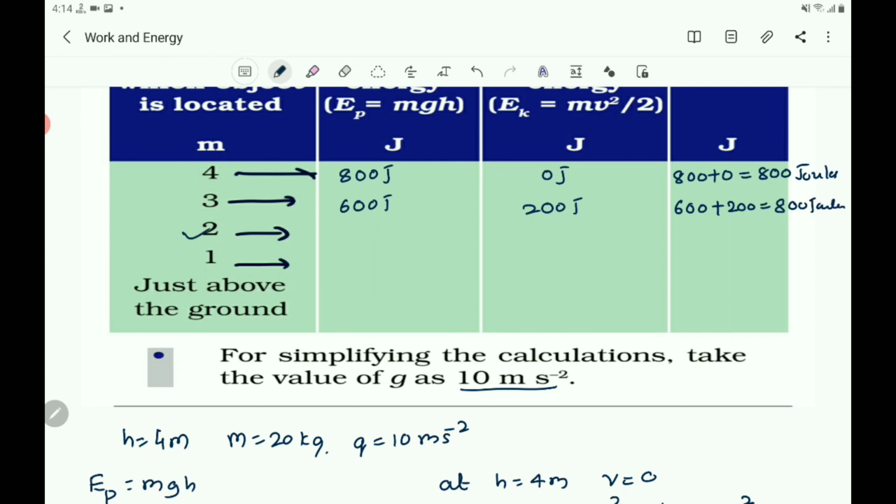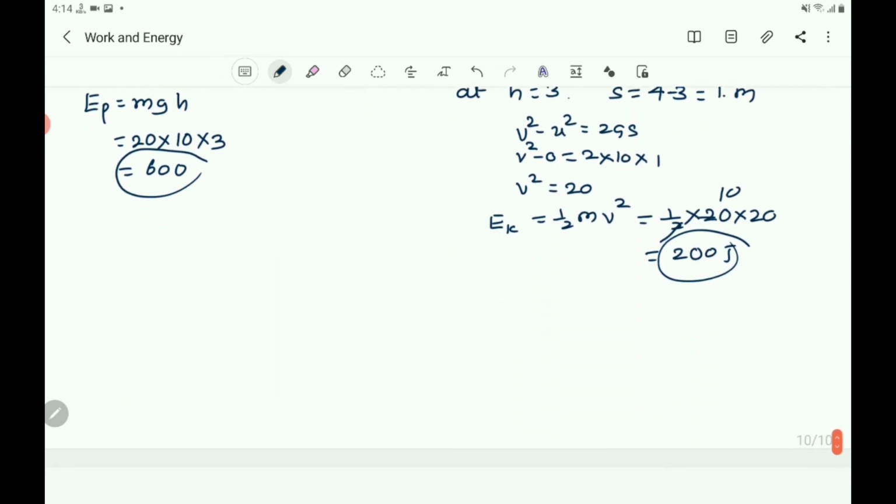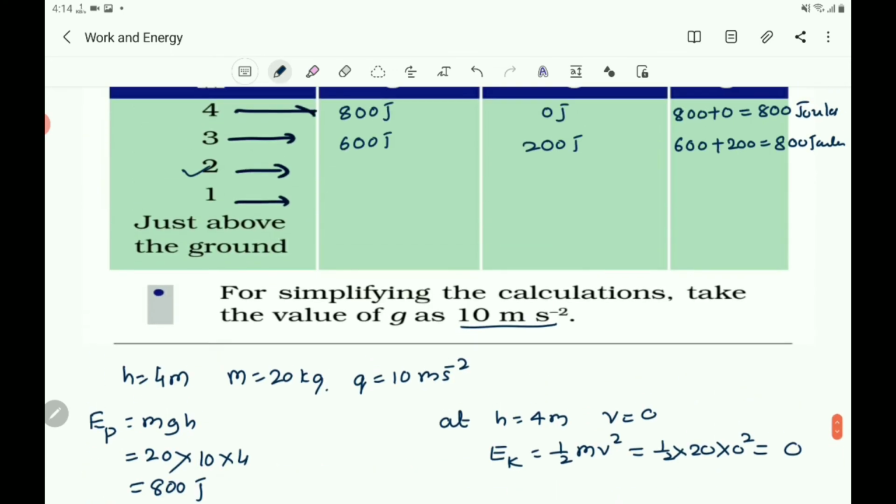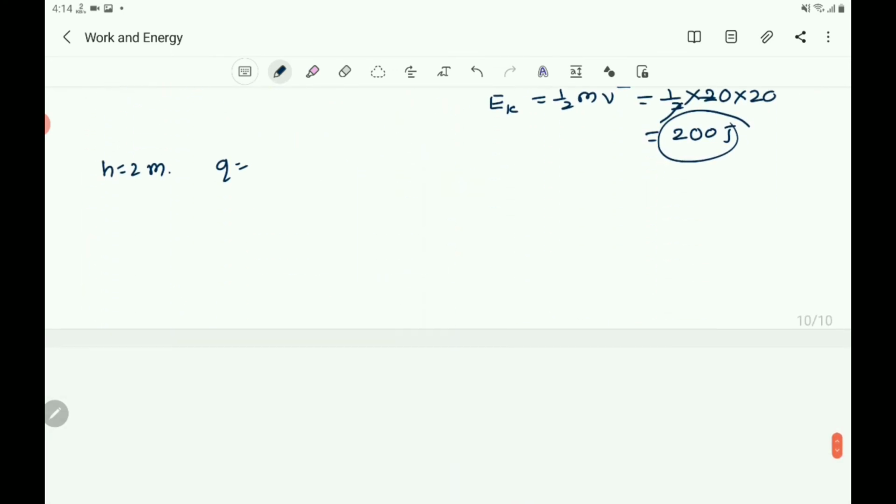Then you take the height 2 meters. Then you take h equals 2 meters. And here m is the same, that is 20 kg and g is the same, that is 10 m/s².